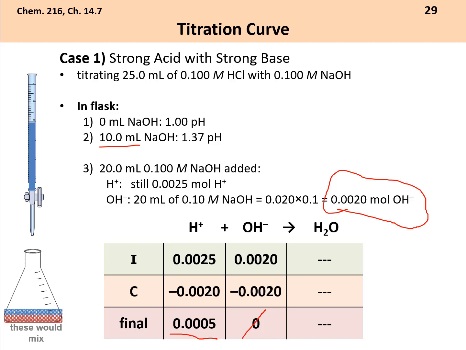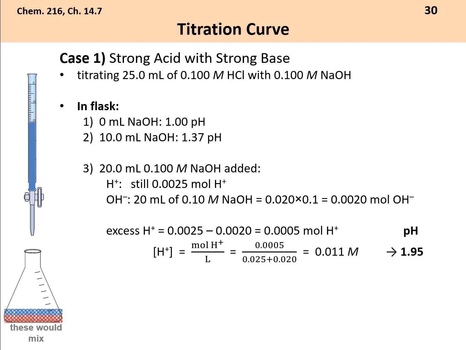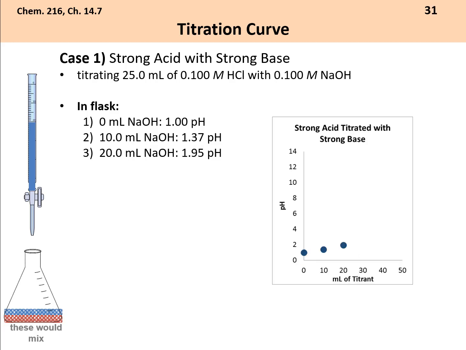Now that I know how much excess H+ I have, I divide by my volume, which is 45 mL, and that gets me my molarity, in this case 0.011 molar. I can figure out the pH of this, and that's going to get me 1.95. So my pH went from 1 to 1.37 to 1.95.